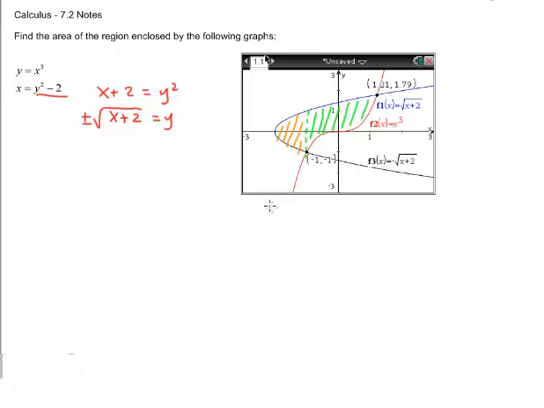However, if we twist this and relate it back to, let me just undo some of this here. If we twist this back to y, and we can make these say y equals, then I'm going from this point right here to this point right here, and it's just one integral instead of a pair.